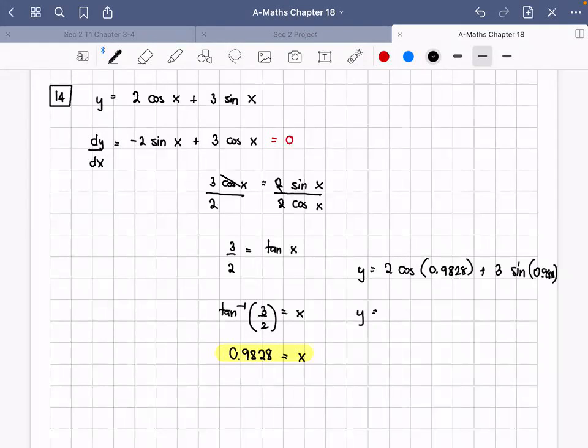So you got 3.606, again for significant figures. Okay, so that's your stationary point.